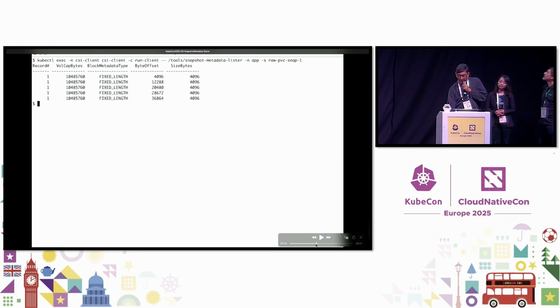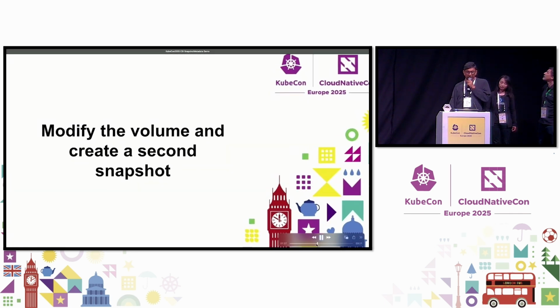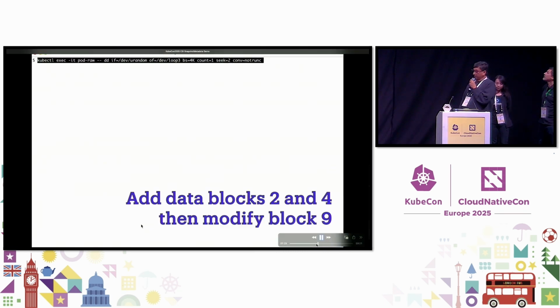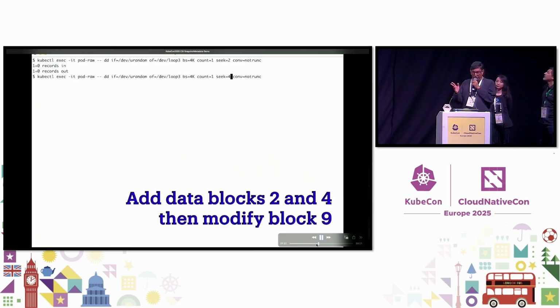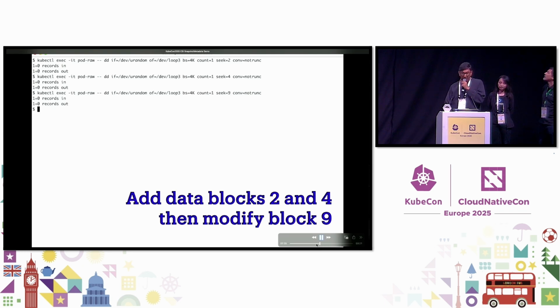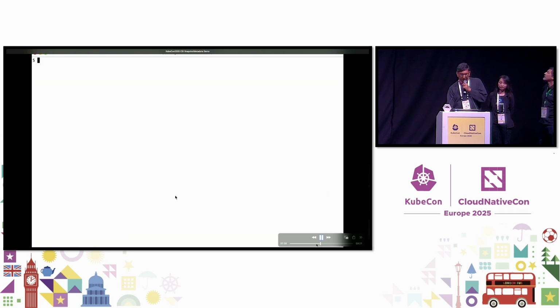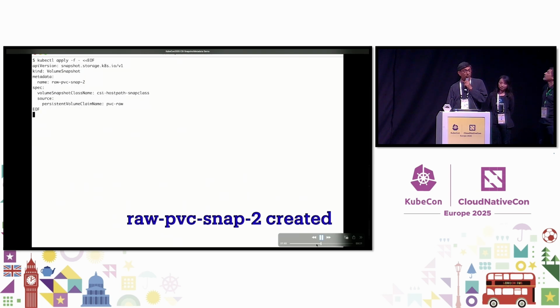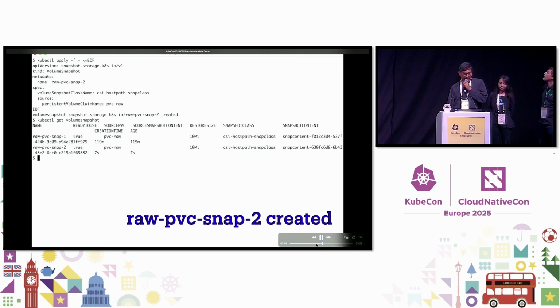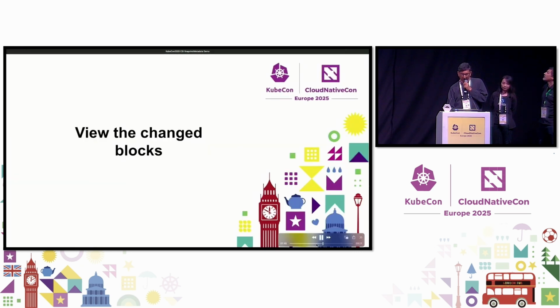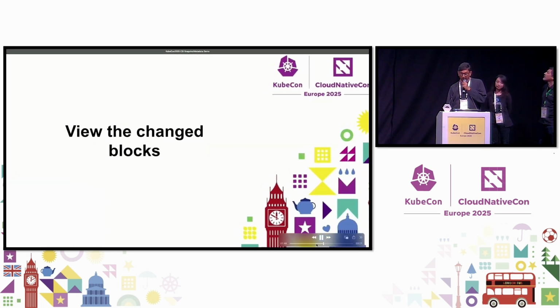So moving on, let's modify the volume and create a second snapshot. I just chose to add a couple of even numbered blocks and change one of the odd numbered blocks. Once again, we take a snapshot, wait for it to be ready, and now we can view the changed blocks.